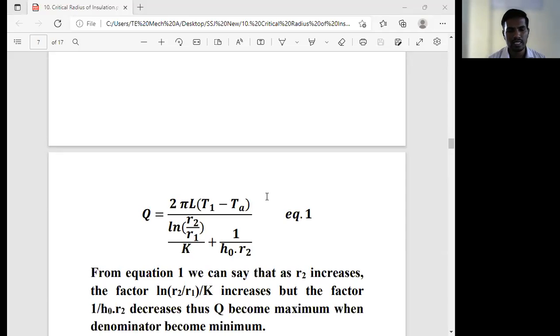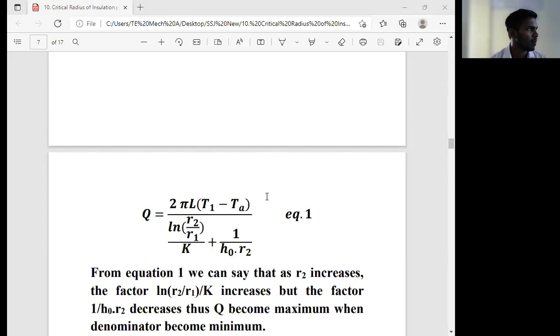Thus Q become maximum when denominator become minimum. Okay, Q कधी maximum असणार आहे ज्यावेळेला denominator minimum असणार आहे. Okay, thus Q become maximum when denominator become minimum.